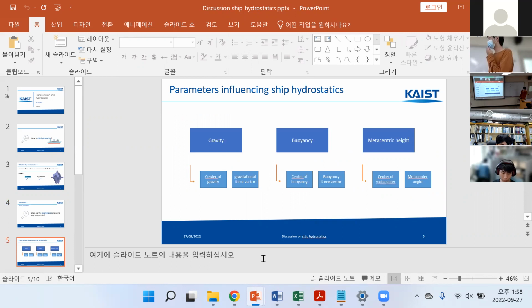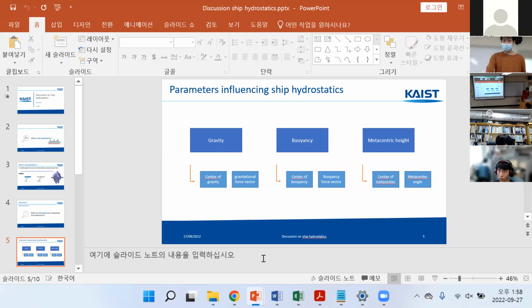For each force, there is the center from which the force is coming, and on the other hand, there is the force vector, which means how much force there is and the direction of the force. So for each force, we have the center and its vector.